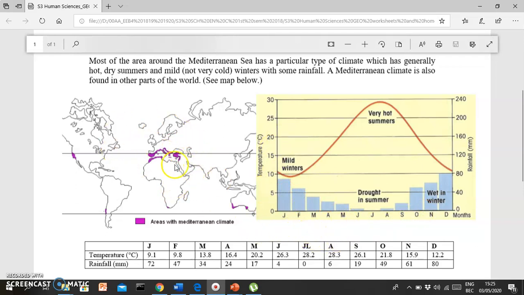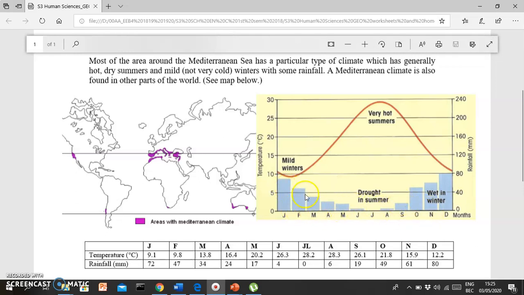As you can see here, this map shows you the Mediterranean region and other places in the world that have Mediterranean climate. Now this graph represents temperature, the red line, and rainfall, the blue bars.